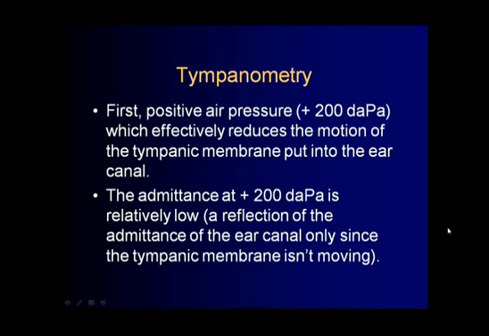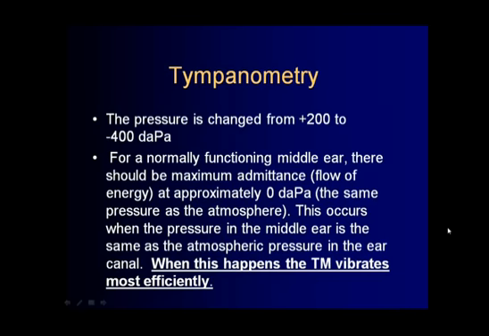Now the probe tone goes back down to about 85 dB SPL. From that measurement, we infer the flow of energy going into the middle ear. So as the probe tone level goes up, we're inferring that the flow of energy into the middle ear decreased.